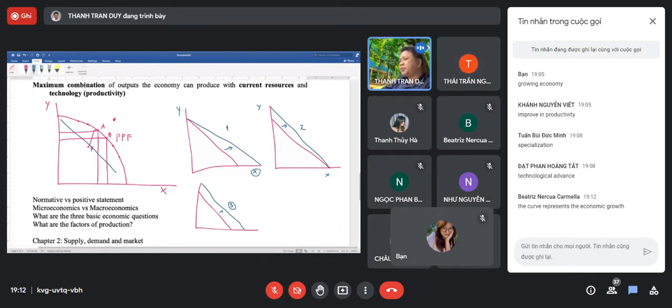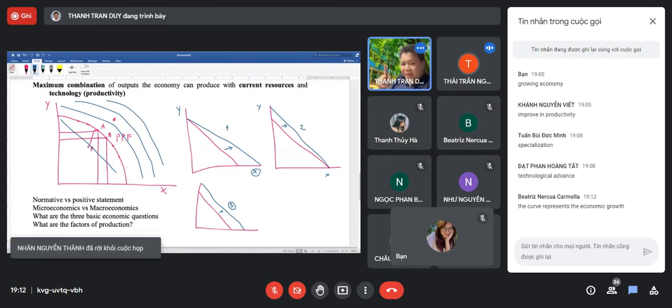Economic growth means that we have more, right? Over time we have more output, so it shows the economic growth. But my question is, when will the curve be a straight line, and when is the curve a bow shape?